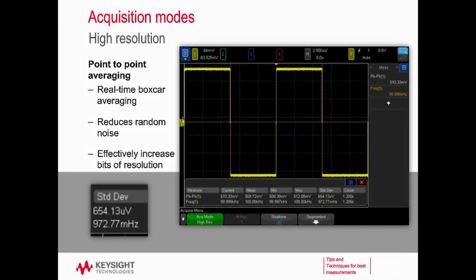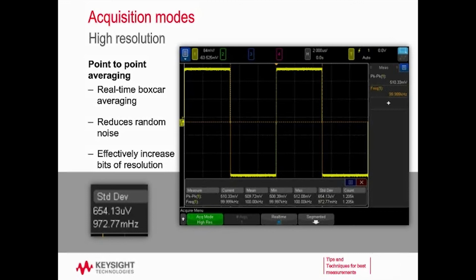So you can see my peak-to-peak measurement here. Standard deviation is about 654 microvolts. In normal mode, my standard deviation on that peak-to-peak measurement was 1.2 millivolts. So I get about a 50% lower standard deviation on this clock signal by using high resolution mode. And again, this goes back to bits of resolution like we were talking about.